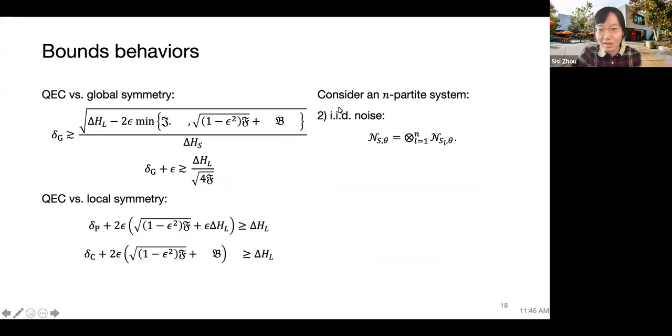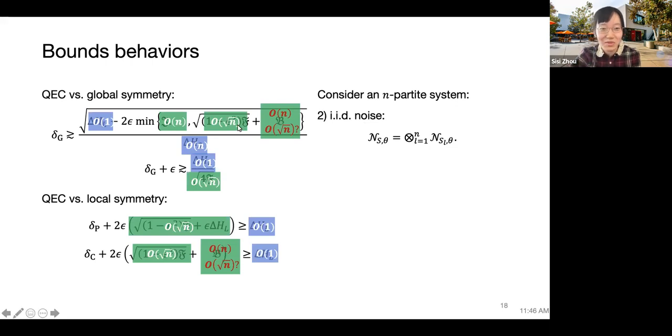And I'm also going to talk about the independent noise, or ID noise. Now we don't have noise acting randomly and locally on each system. We just have the noise, which is a tensor product of noise on each subsystem. In that case, the situation is going to be different. The J, if you remember, is going to scale linearly.